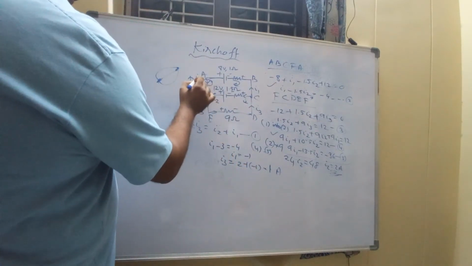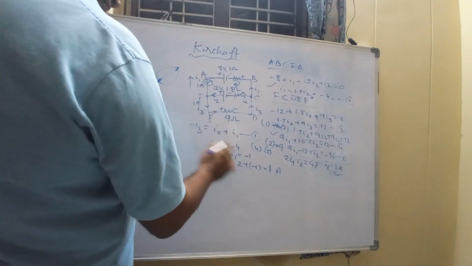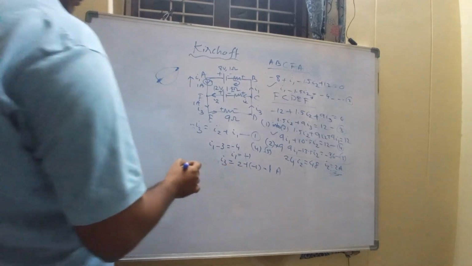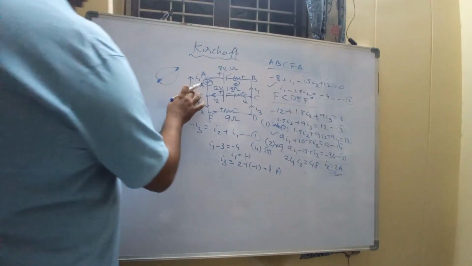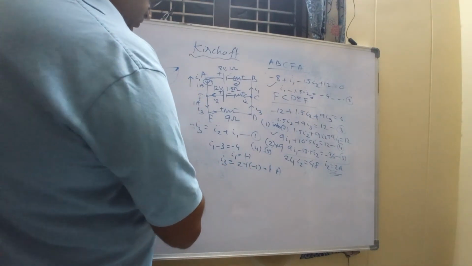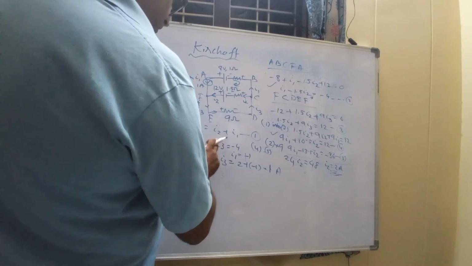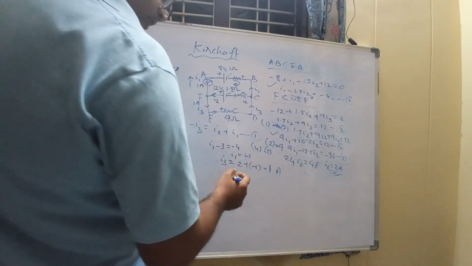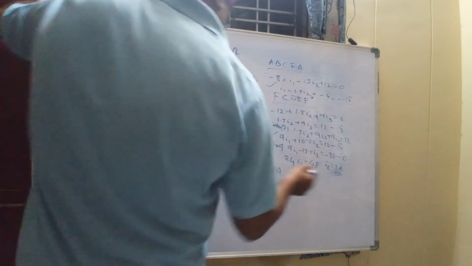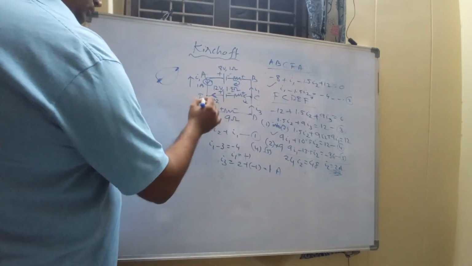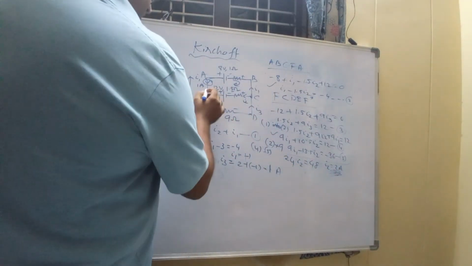Oh no, because we are considering the direction, no? Sorry, if you are considering the direction, you should take it as plus. I1 you should take it as plus. Okay, so I2 how much we got? I2 we got 2. Okay, so this is 2 and this is 1.